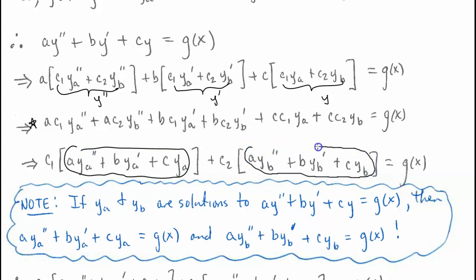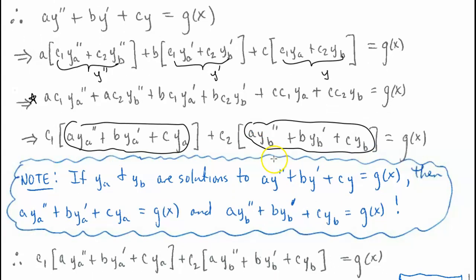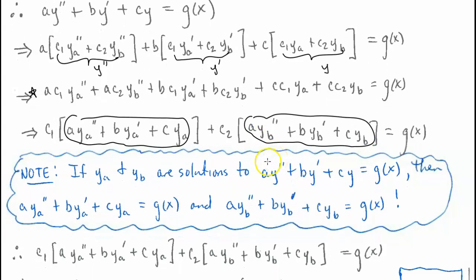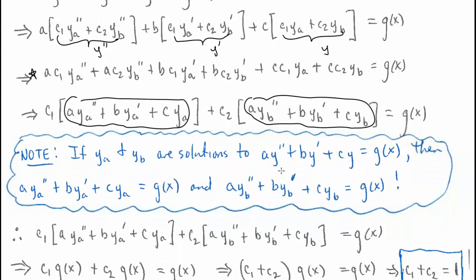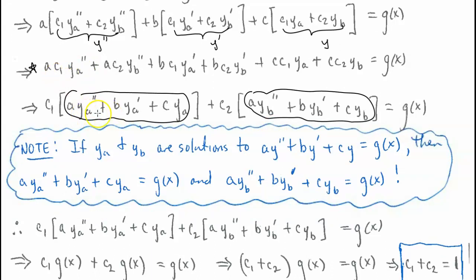It looks exactly like the left-hand side of the original ODE that I was going to deal with. And of course, if y sub a and y sub b are particular solutions that satisfy that equation, then I know that both of these expressions have to equal g of x. And that is what I'm stating right here.